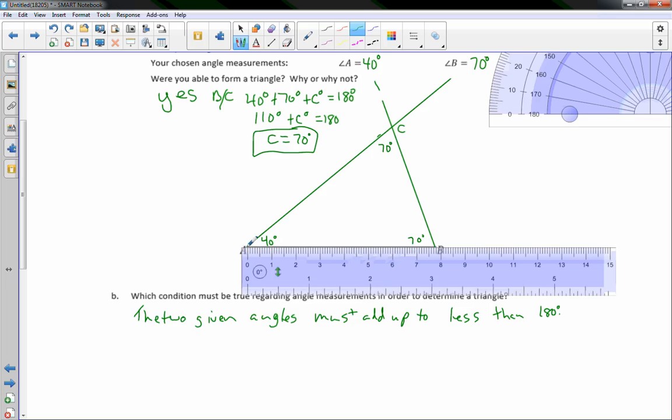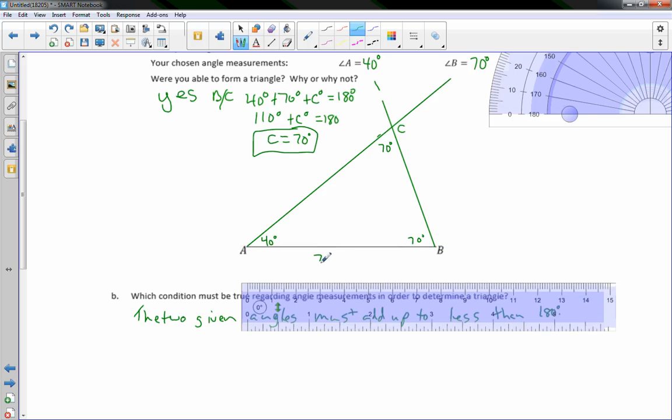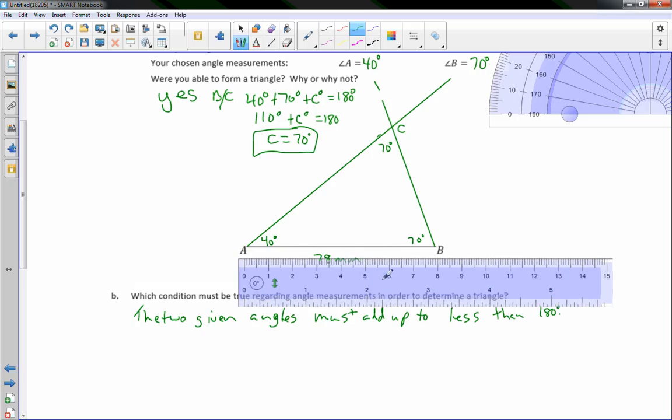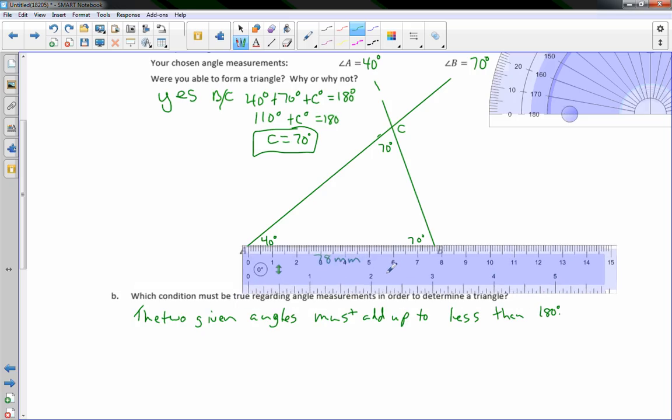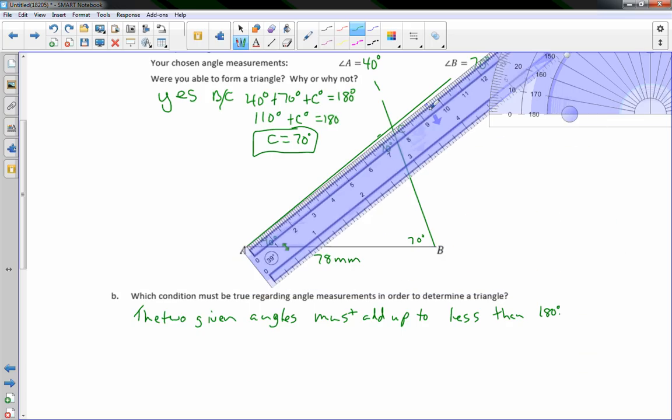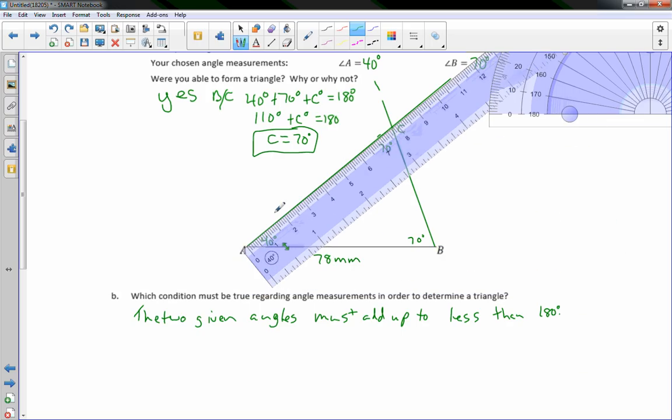And when I measure this from 0 over, that looks like 78 millimeters. Or 7.8 centimeters. I'll just use millimeters so I don't have decimals. I'm going to rotate this back up to 40 degrees. Starting at 0 at this point here, that is 75, 6, 7, that looks like 77.